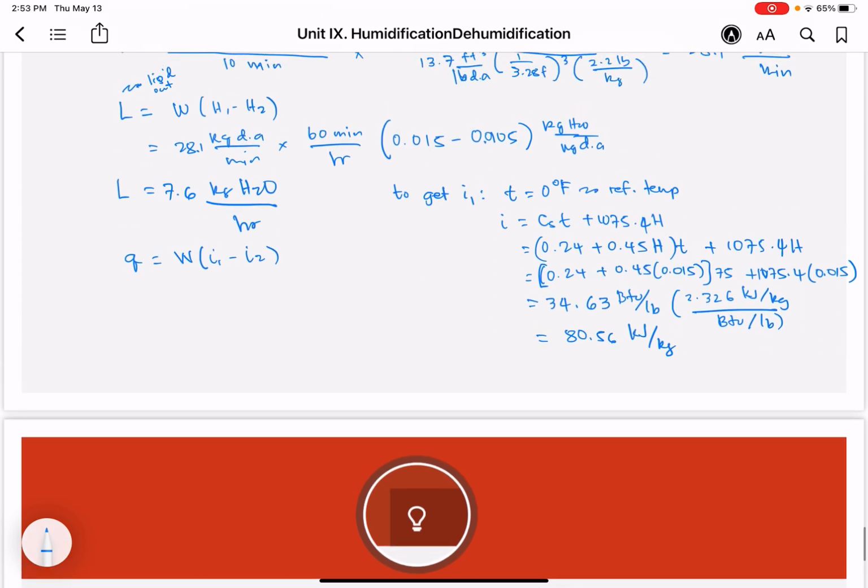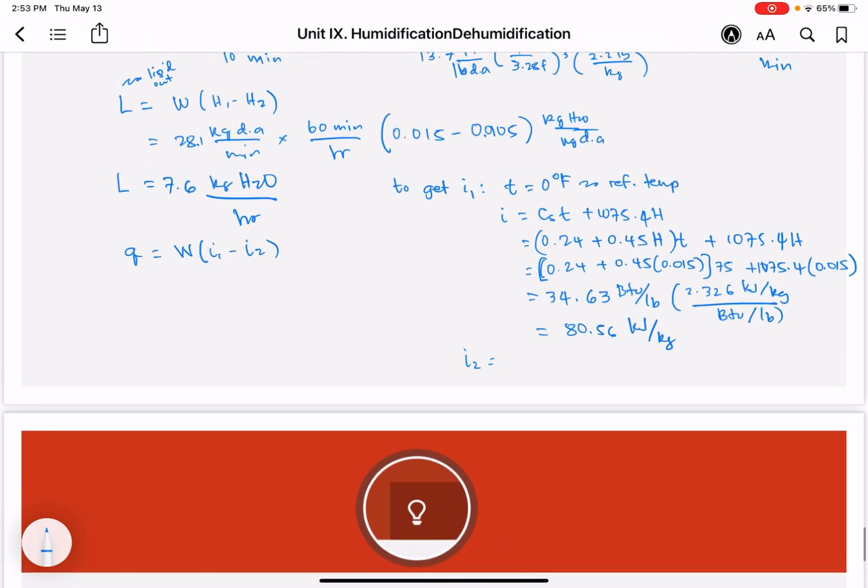So you get your I2. Since it's 0.0105, you get around 27.20 BTU per pound, and that's roughly equivalent to 63.26 kilojoules per kilogram.